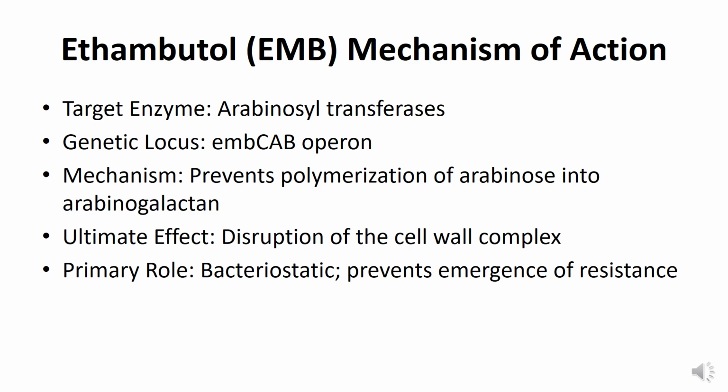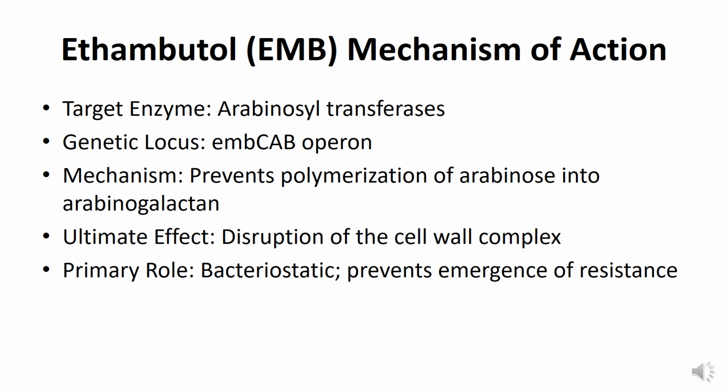To understand how ethambutol works, we need to look at the unique structure of the mycobacterial cell wall. The cell wall of Mycobacterium tuberculosis is far more complex than that of many other bacteria. It contains several interconnected layers that provide strength, protection, and resistance to environmental stress.